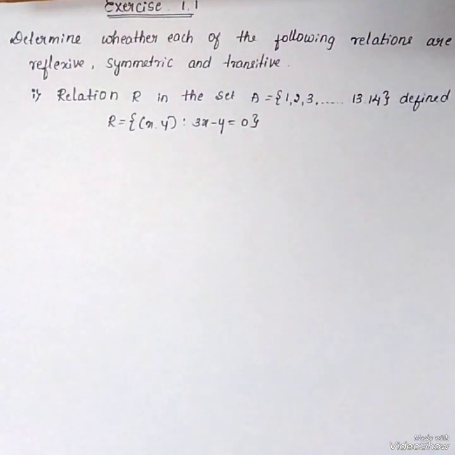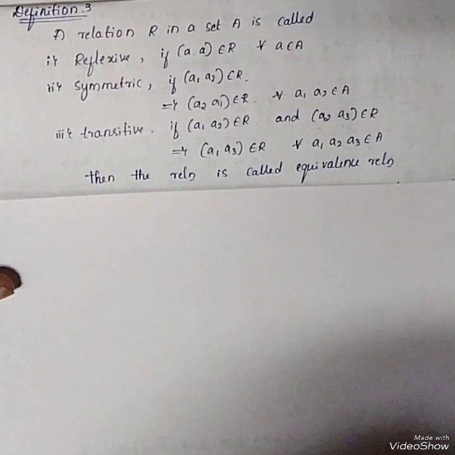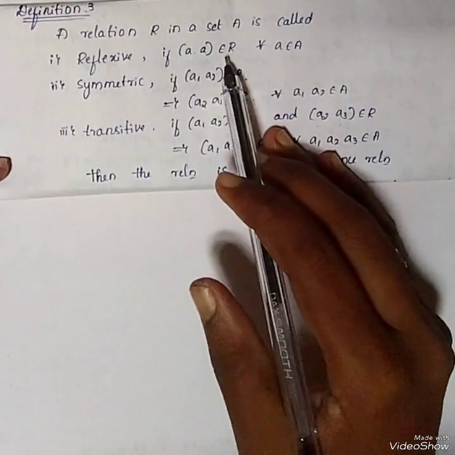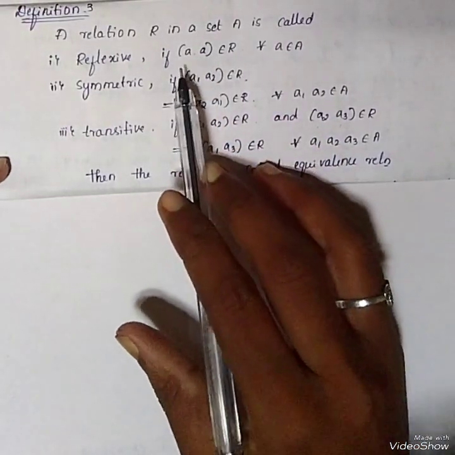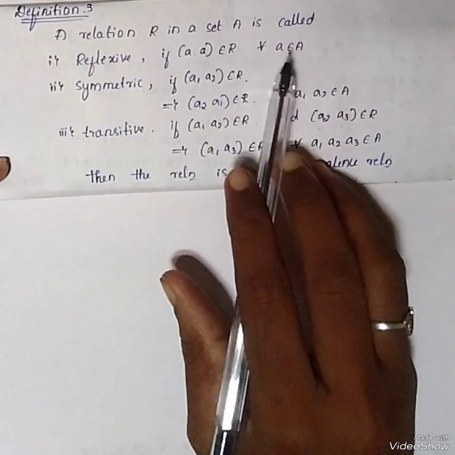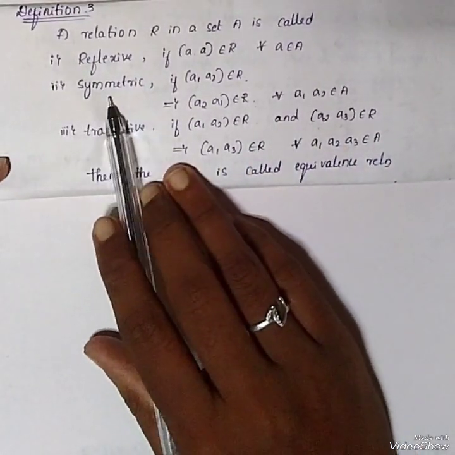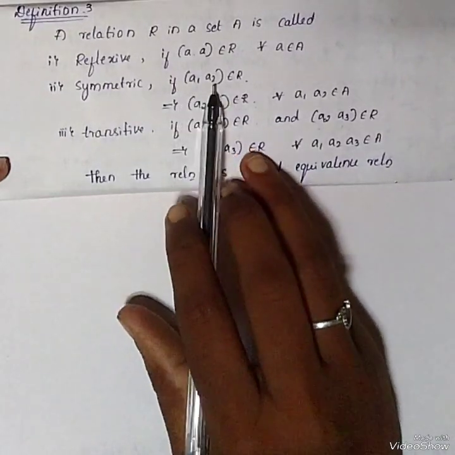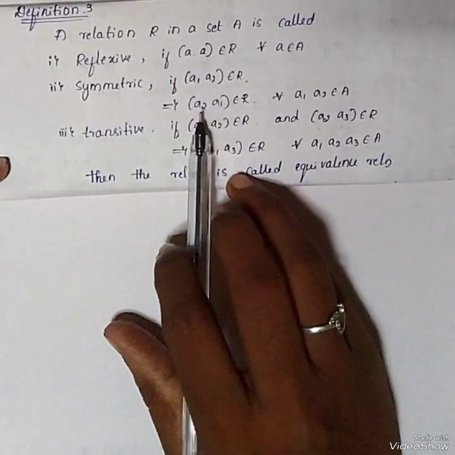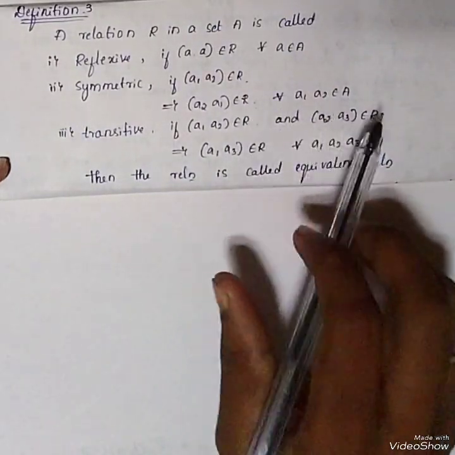Let a relation R in a set A be called reflexive if (a, a) belongs to R for every a belonging to A. A relation is symmetric if (a1, a2) belongs to R implies (a2, a1) also belongs to R for every a1 and a2.